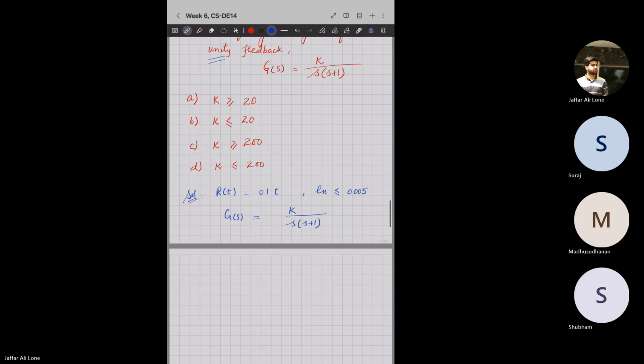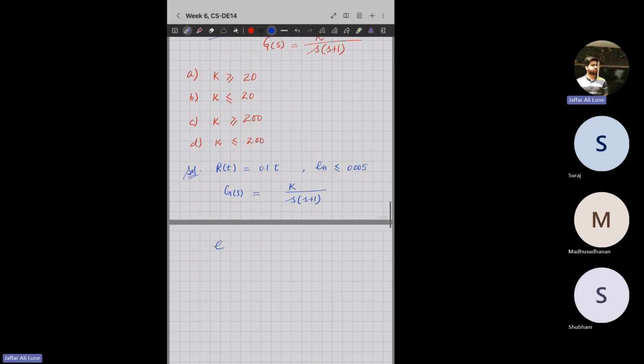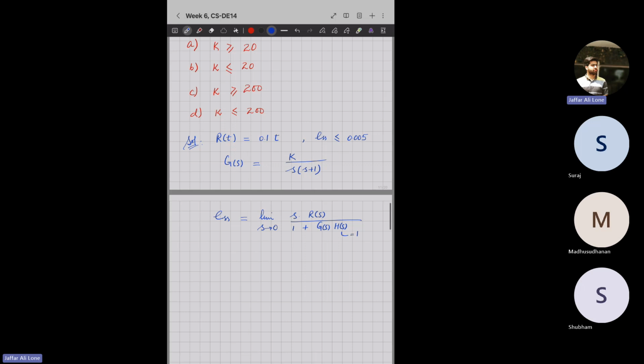My steady state error, just the formula. I'm writing the formula again and again so that you remember it: limit s tends to 0, s into R(s) divided by 1 plus G(s)H(s). Since unity feedback is given, H(s) is 1. Now let's put in the values.